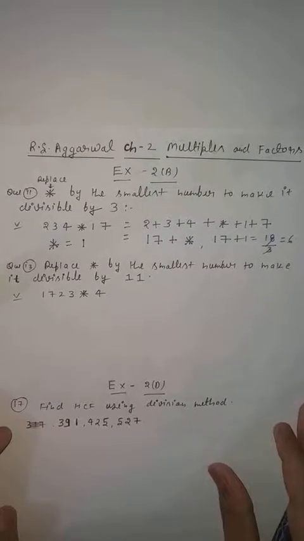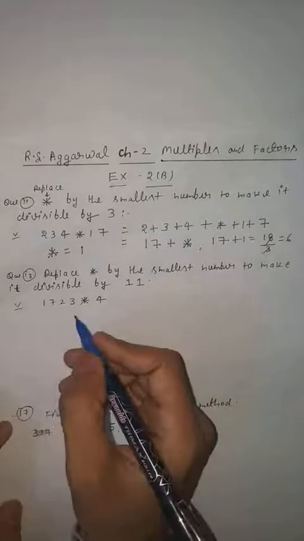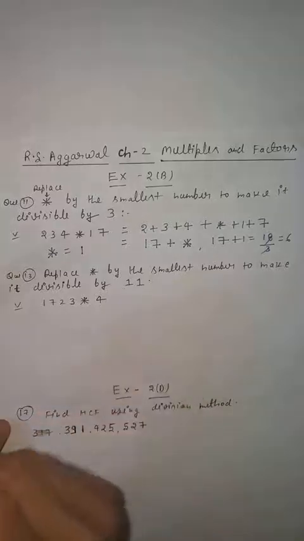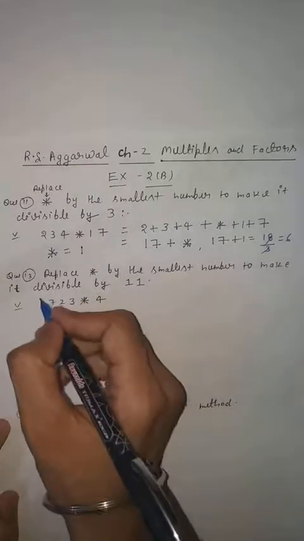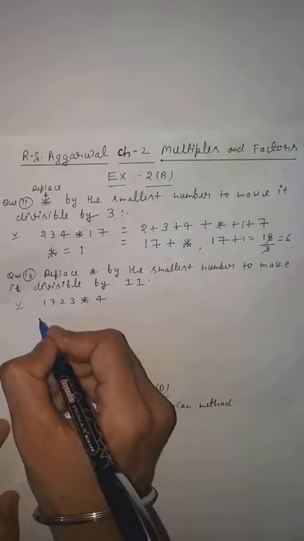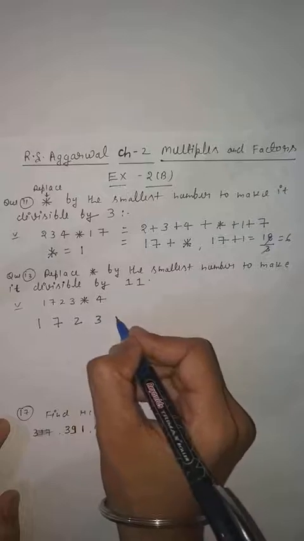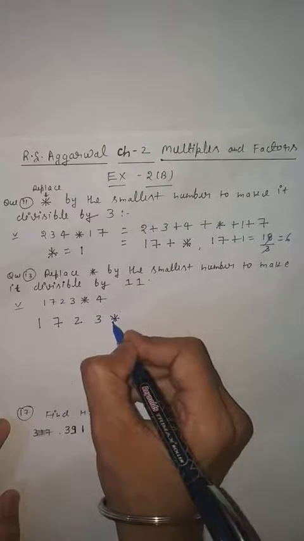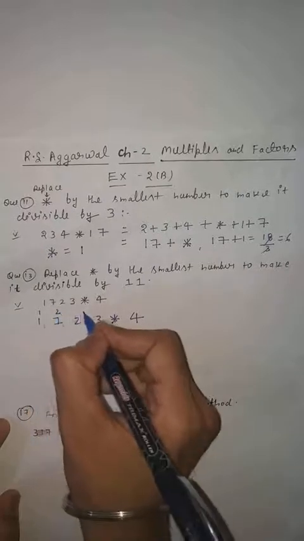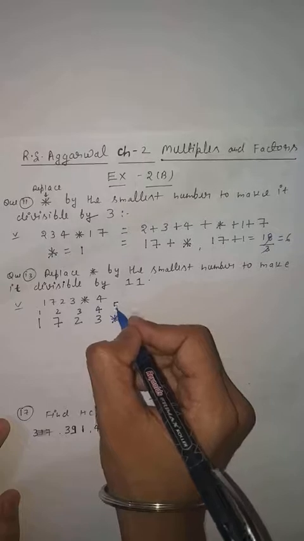Now come to the second question, 13. This is based on the same pattern. Replace the star by the smallest number to make it divisible by 11. Clear, students? First you write down the number 1 7 2 3 star 4, and mark the places 1 2 3 4 5 and 6.